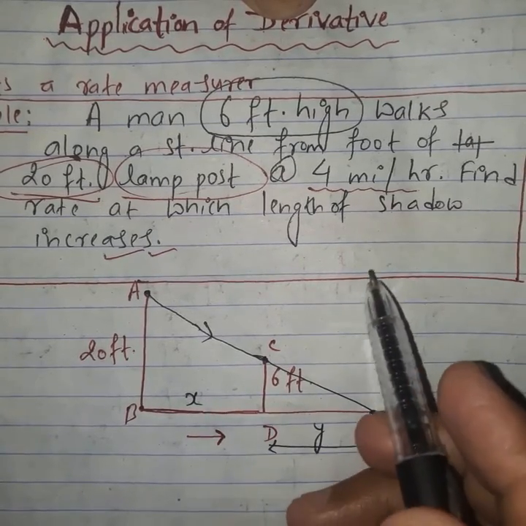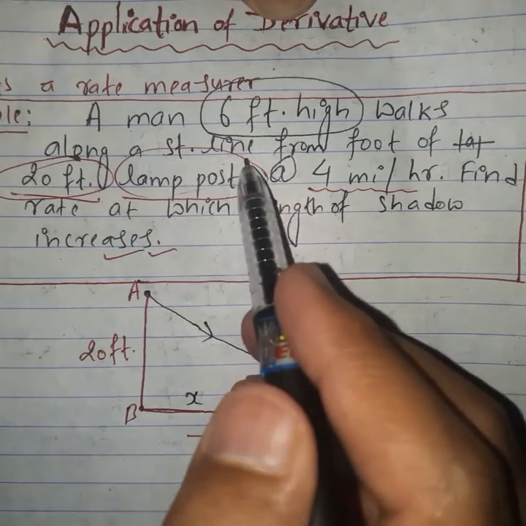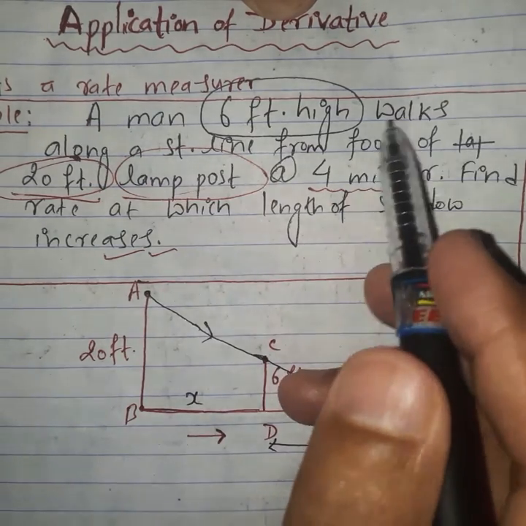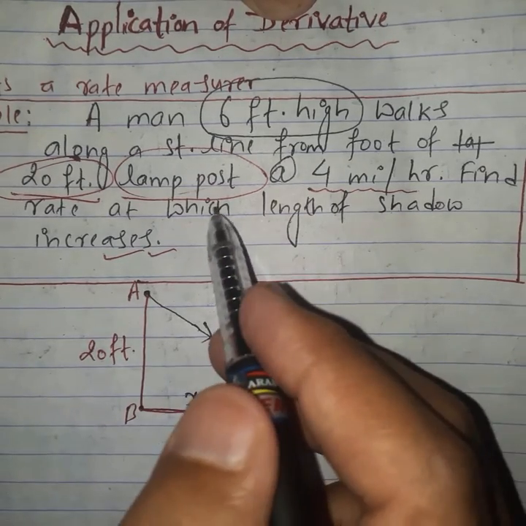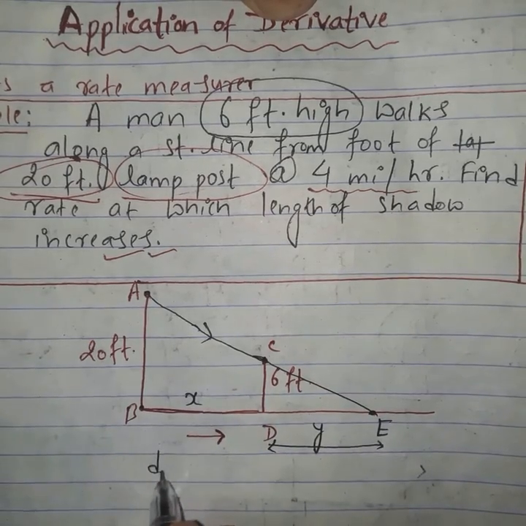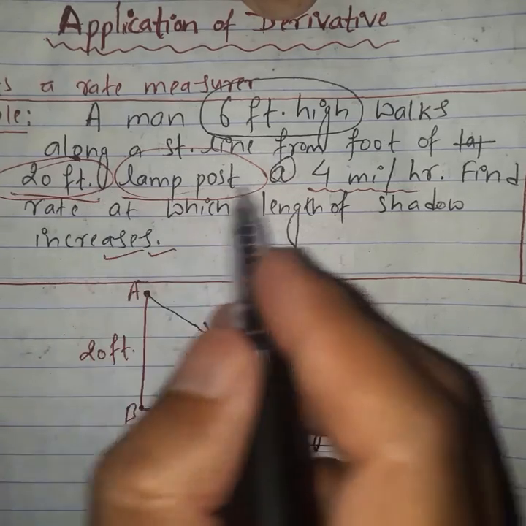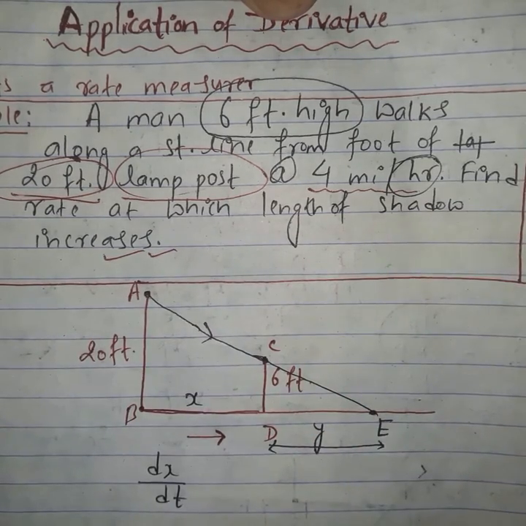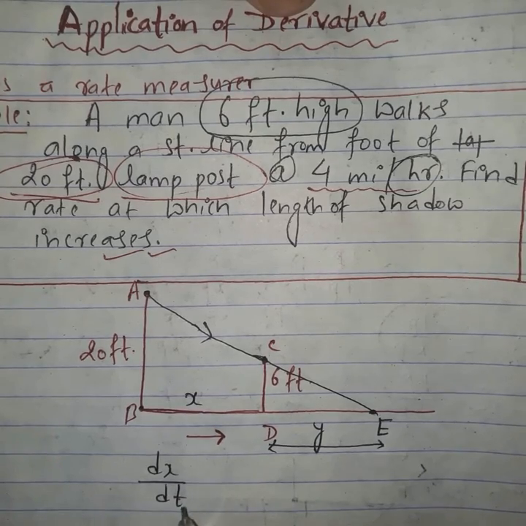And another given thing is the rate at which the man walks along a straight line from the foot of the lamp post, at the rate of 4 mile per hour. The derivative is taken with respect to time.